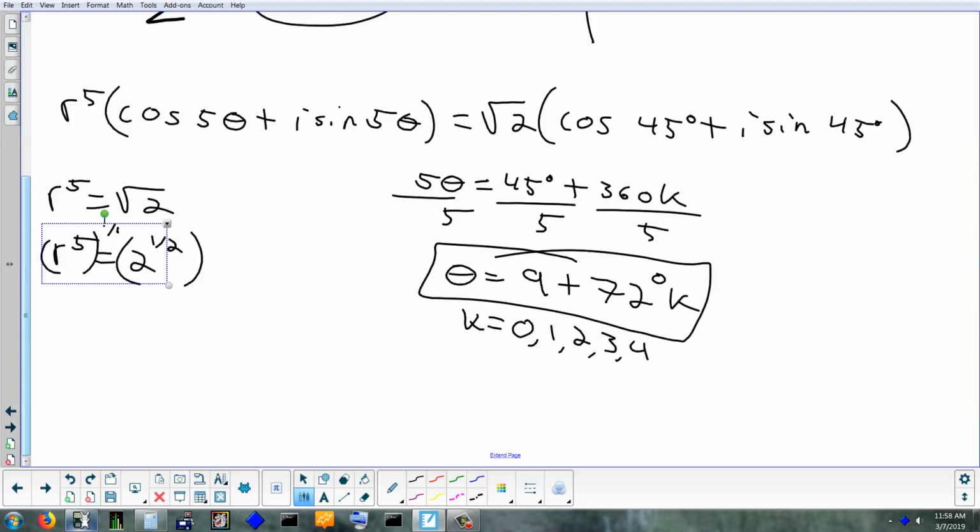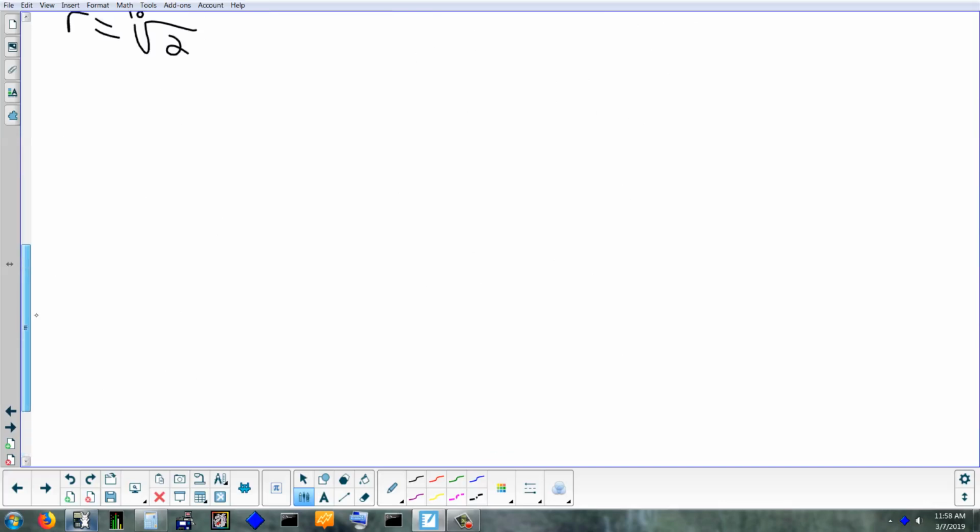If you raise each side to the 1/5, power to a power, you multiply. 5 times 1/5 cancels. And what's 2 to the half to the 5th? 2 to the 1/10. If you don't want to write it as 1/10, that's the same as writing the 10th root of 2. Either way, it's the same. Doesn't matter. Okay, so in all 5 answers, that's going to be my radius.